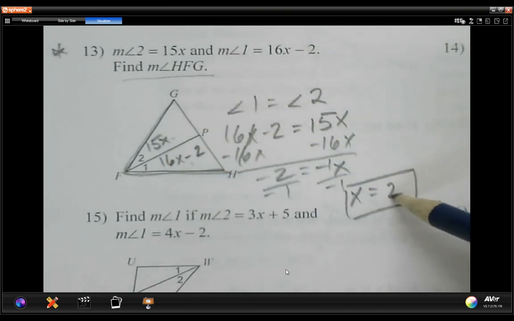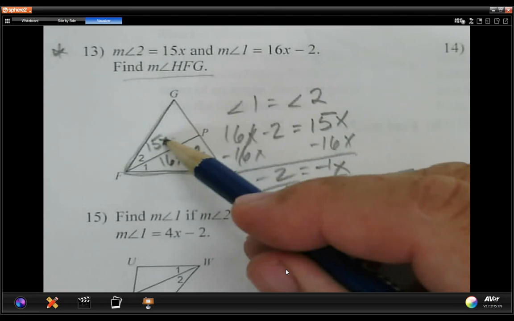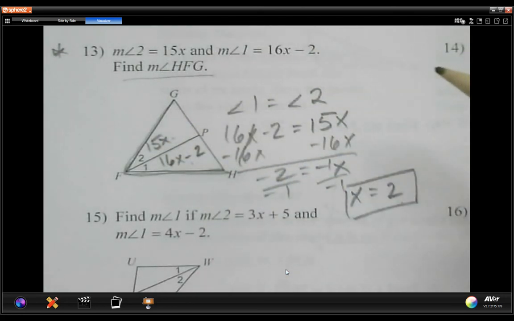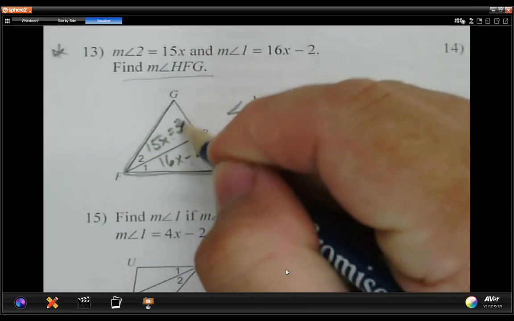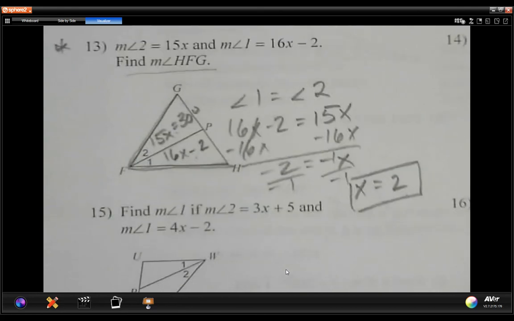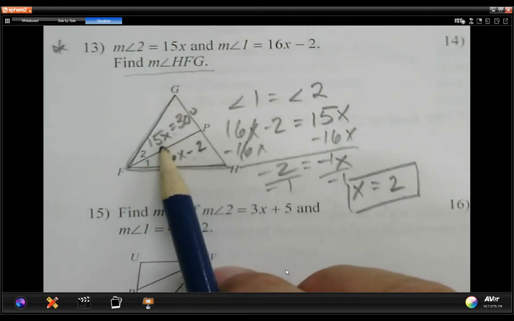So if I go ahead and substitute that in right here, then I'm going to get 15 times 2, which equals 30, right? So that means that this particular angle right here is 30 degrees. But again, is it asking me for just angle 2?